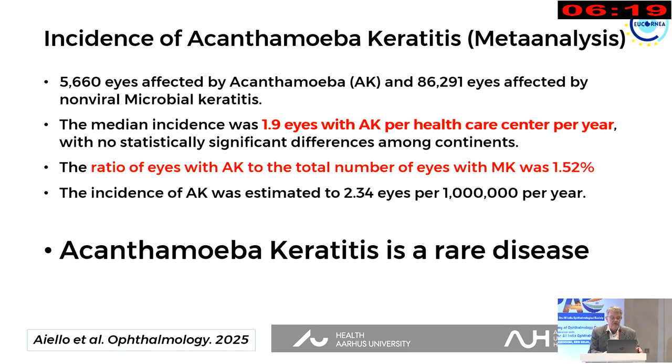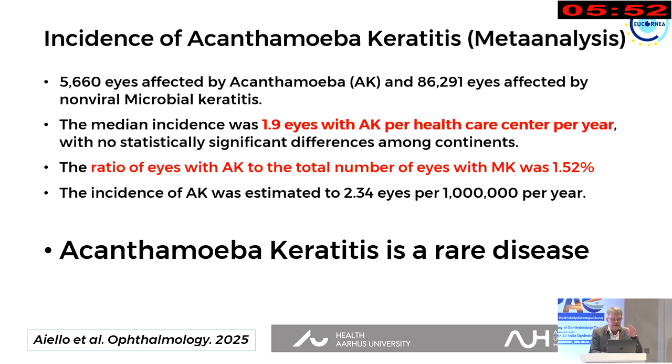Also a study from the UK, very big, with 86,000 patients with microbial keratitis. Out of these, 5,600 had acanthamoeba keratitis, and it is a rare disease. You can assume that you will see approximately 2 eyes with acanthamoeba per healthcare center per year.